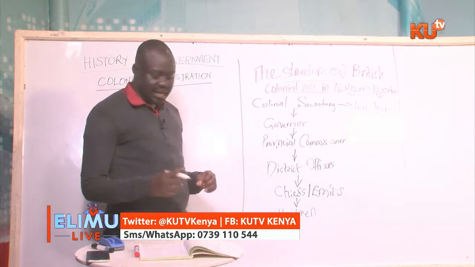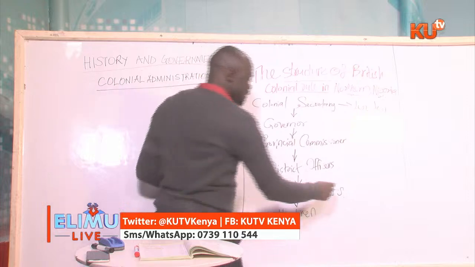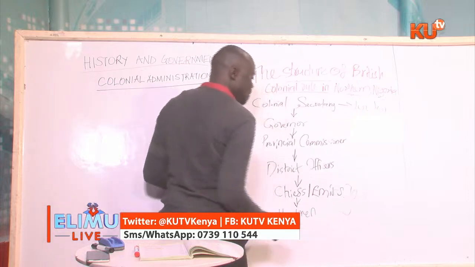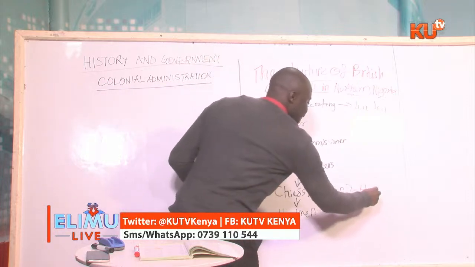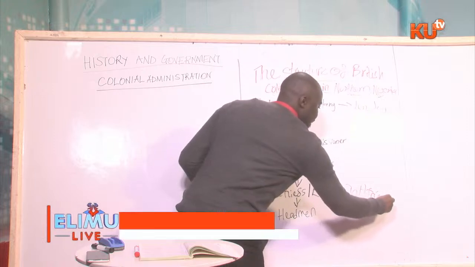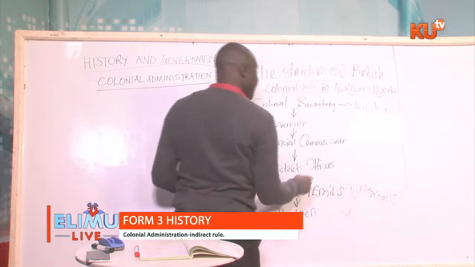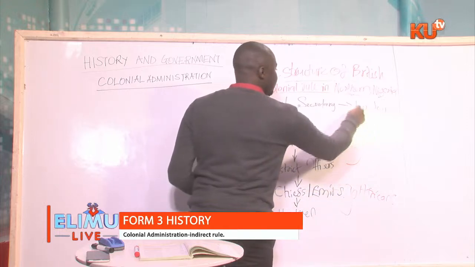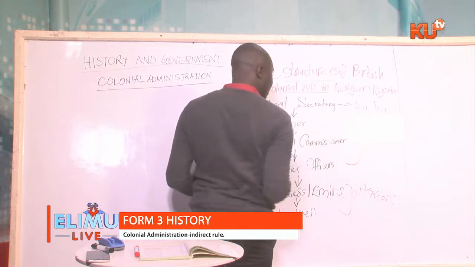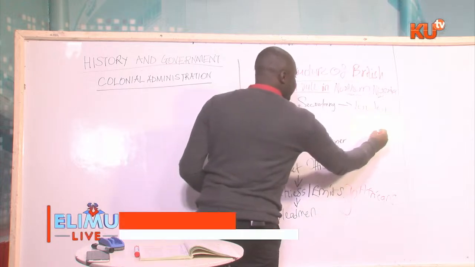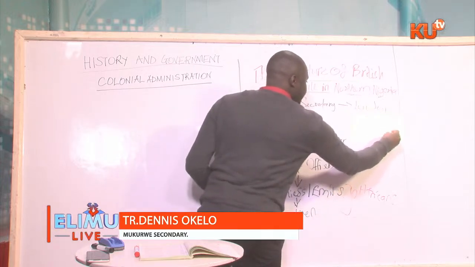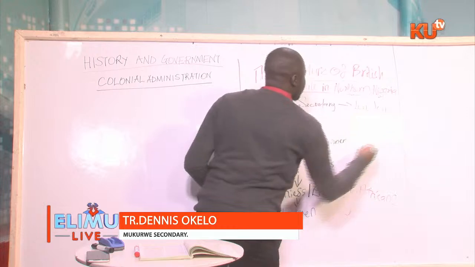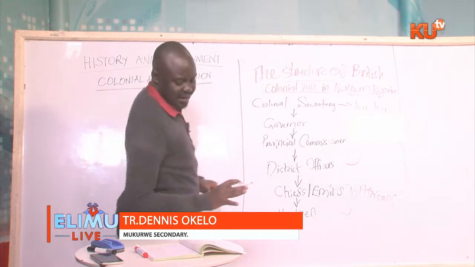Now, the chiefs, emirs and the headmen were Africans. From district officers up to the colonial secretary at the top were Europeans. So that is the first similarity.